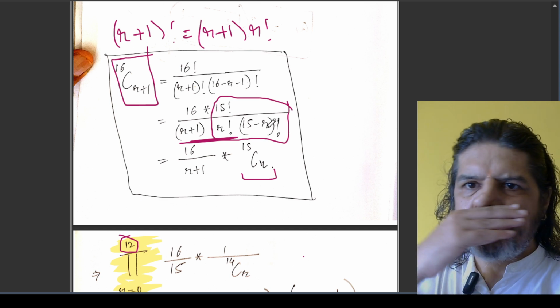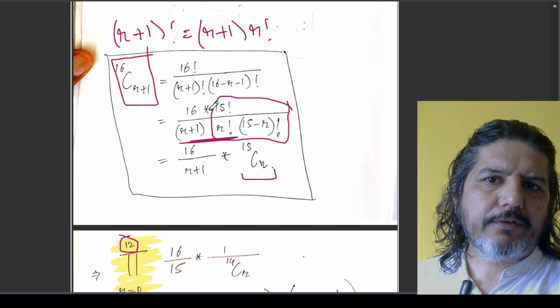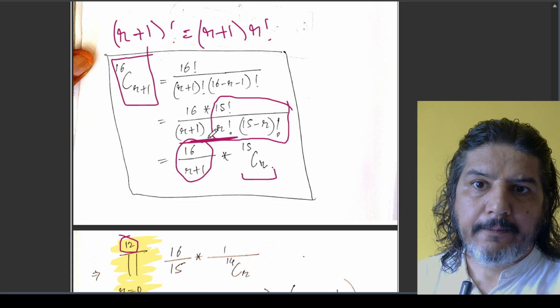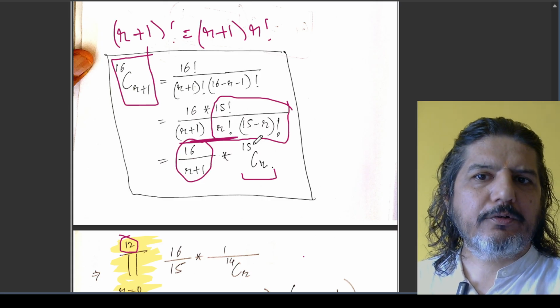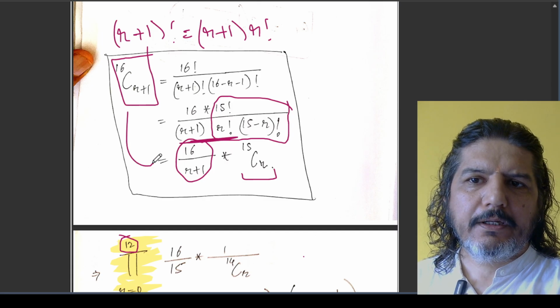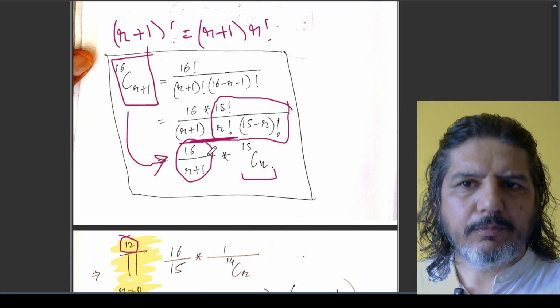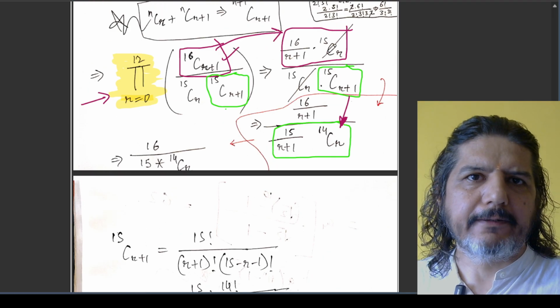So this is simple. Now look carefully. I have broken the 16 factorial as 16 into 15 factorial. So 16 upon R plus 1 I have separated. And this 15 factorial upon R factorial into 15 minus R factorial is equal to 15CR. So that is why 16CR plus 1 would be equal to 16 upon R plus 1 into 15CR. And that is the result that I have taken here.